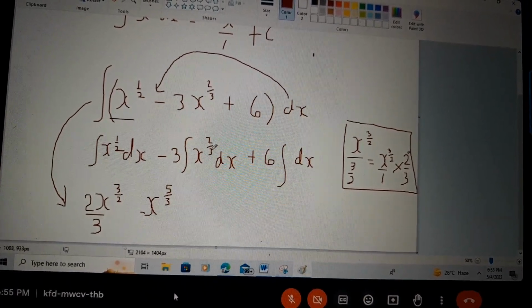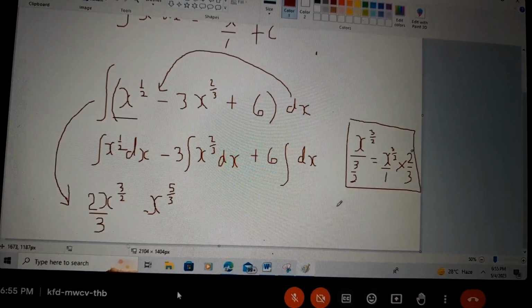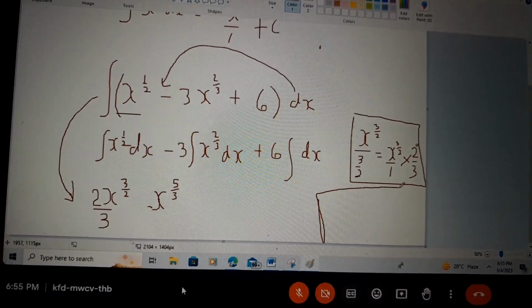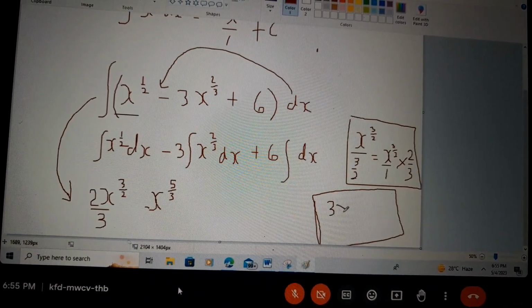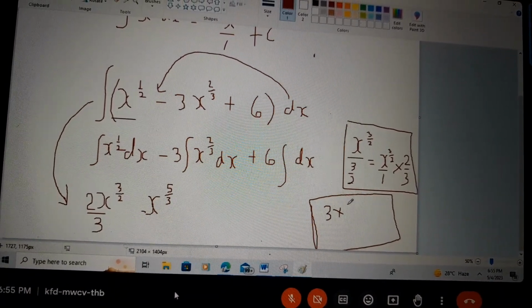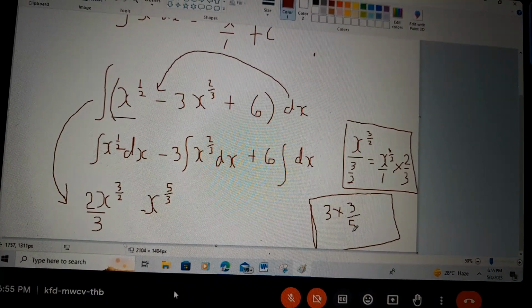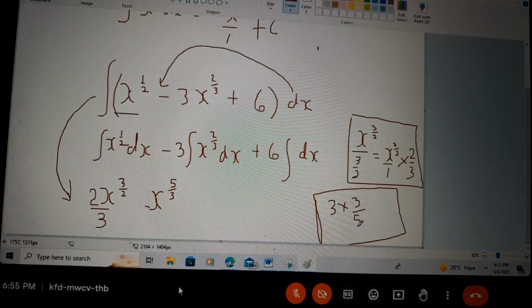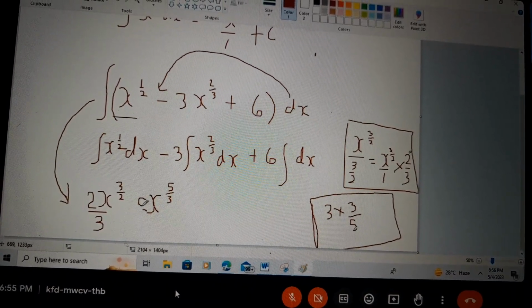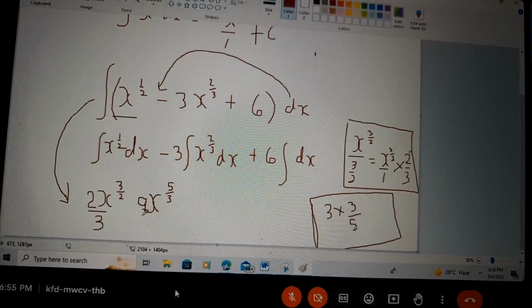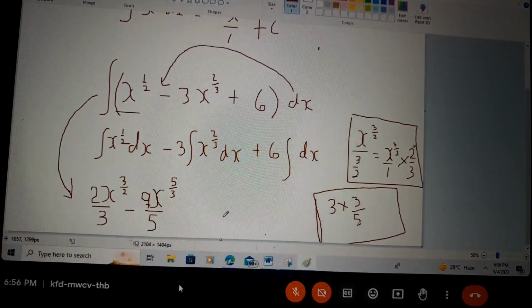Yes, sir. So let's work this out at the side. 3 times 3/5. What will we get? 9/5. So it will be 9x to the 5/3 over 5. Good so far?